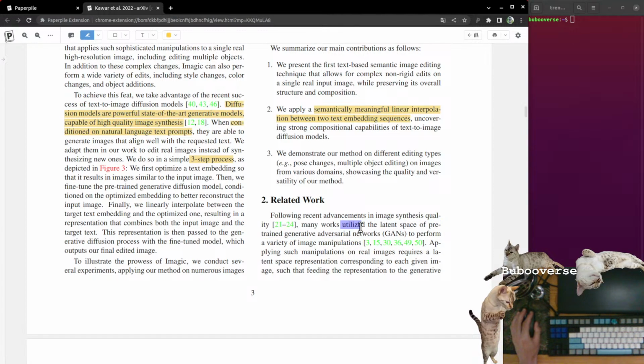Yeah, so there was a bunch of stuff years ago where people trained these generative adversarial networks in such a way that the latent spaces could be manipulated, and you could change, for example, the age of people that were generated by GANs. You could change the direction that the people were looking, whether they were looking left or right, that was a single slider in that latent space that you could manipulate.